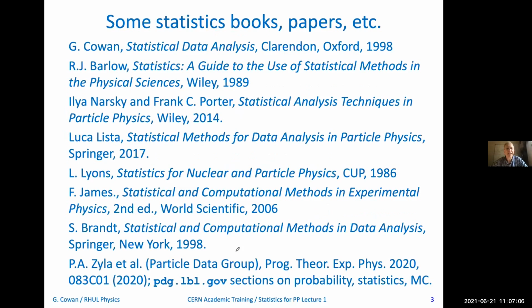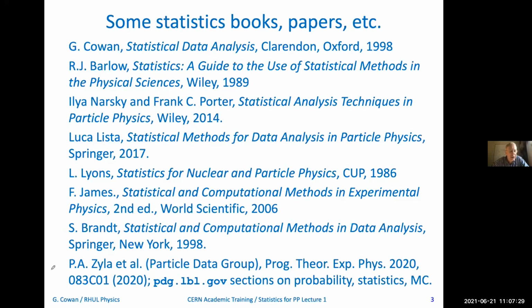All right, so let me start by showing the obligatory list of books. The one at the top is the one that Albert just mentioned, this thing that is now more than 20 years old and I have to rewrite. I think all of these books, in fact, are written by particle physicists. So these are statistical methods for particle physics.